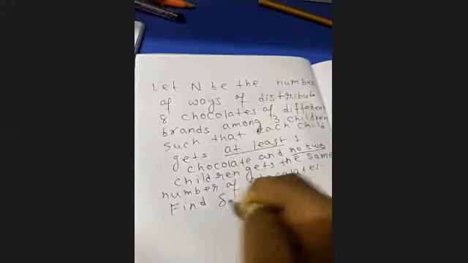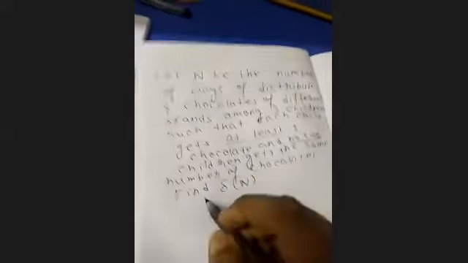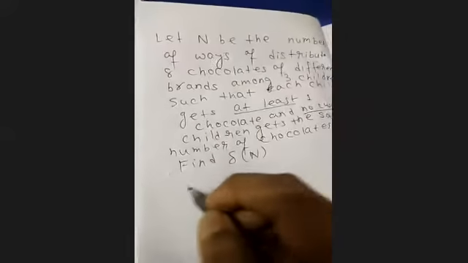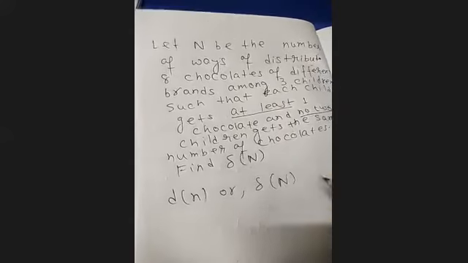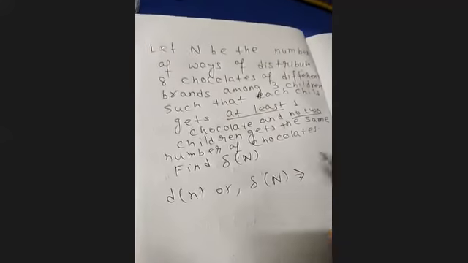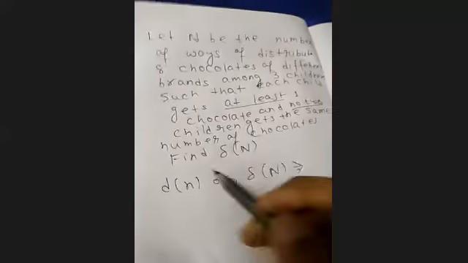Find delta n. So what is delta n? If you have read number theory, then you know that d of n or delta n means the digital sum, the sum of digits of n.